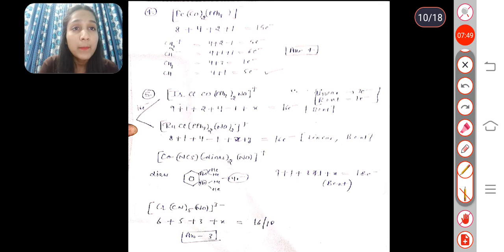CO donates 2 electrons at a time, and we have 2 CO present here, so they can donate 4 electrons. For PPh3 there is donation of 2 electrons, and there is also a negative charge on the complex, so add 1. So the total number of electrons here is 15 electrons.